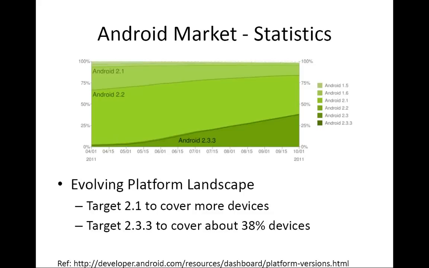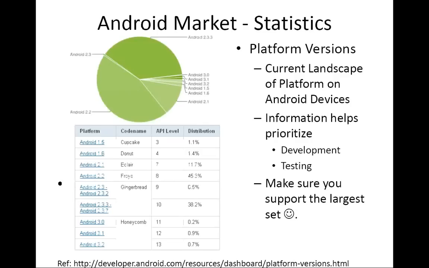This is something that you should understand as a serious developer who's got a stake in the marketplace. In this landscape, if some application targets Android 2.1 and above, then it can cover almost all the devices. But if there's something specific to 2.3.3, then about 38% of the devices get covered.